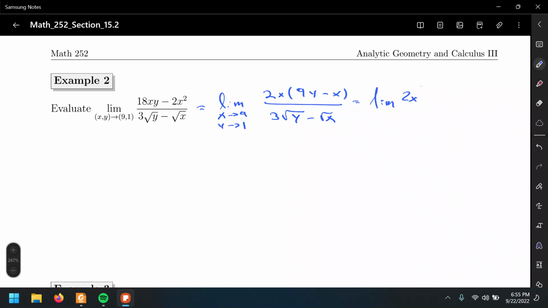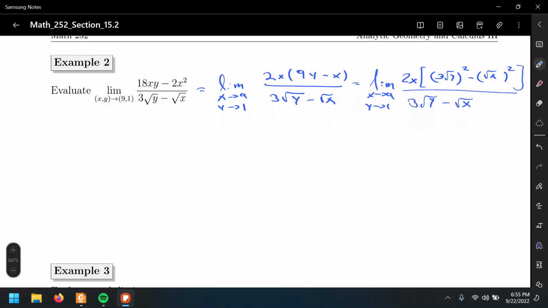Limit of quantity squared minus quantity squared over 3 root of y minus root of x. Doesn't that take us back to 9y and x respectively? All right, so I think that's shorter than going with the conjugate. The root of y minus root of x, x approaching 9, y approaching 1.